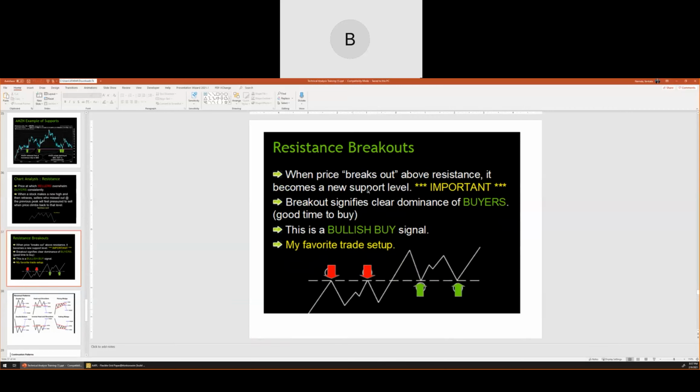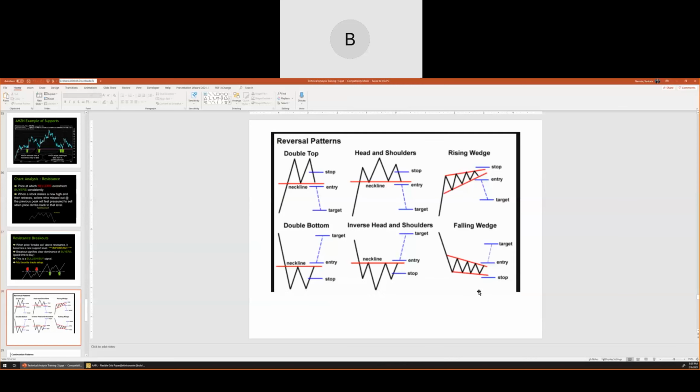The same thing, resistance breakouts. What you see here is a breakout happening, an upper breakout from here. You need to watch out for that, again, for signals. So this is just an example.